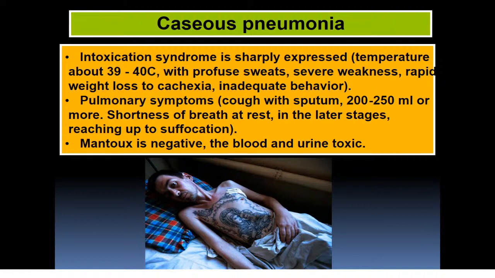The Mantoux test is more often negative in this form of TB because immunity is low. The blood and urine are toxic. That's why we can see signs of inflammation in the general blood test: increase of leukocytes, increase of ESR.